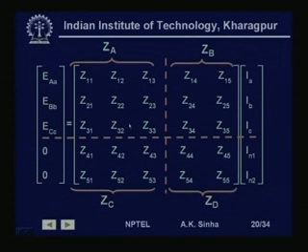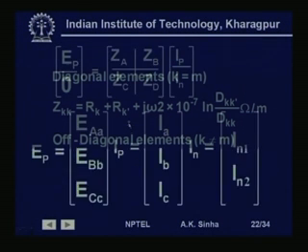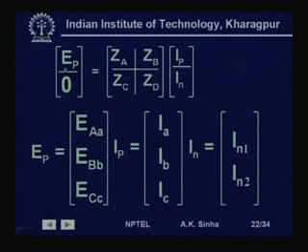Now, since we have already divided this system into 4 submatrices, we can write this whole system of equations in a short form like Ep, where Ep is the voltage drop across the phase conductors, 0 is the voltage drop across the neutral conductors. This is equal to Za, Zb, Zc, Zd into Ip, where Ip is the current flowing through the phase conductors and In is the vector of current flowing through the two neutral conductors.